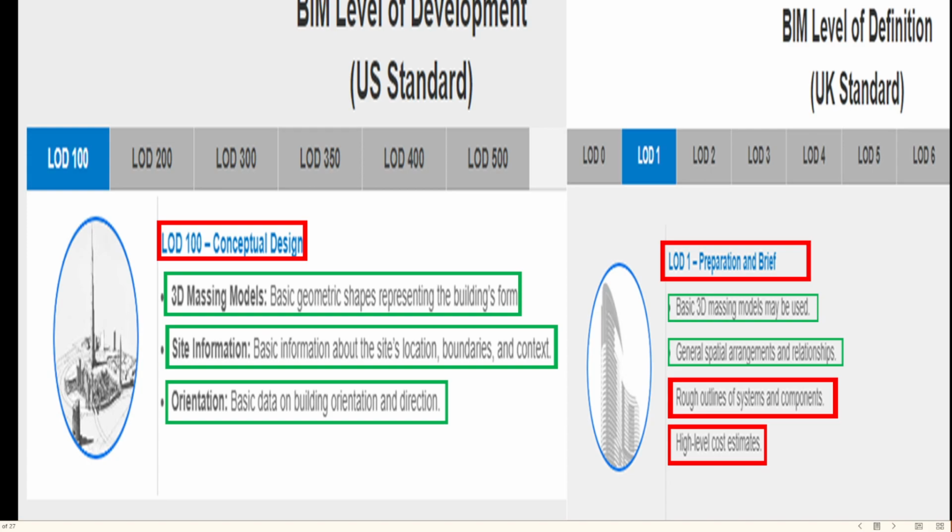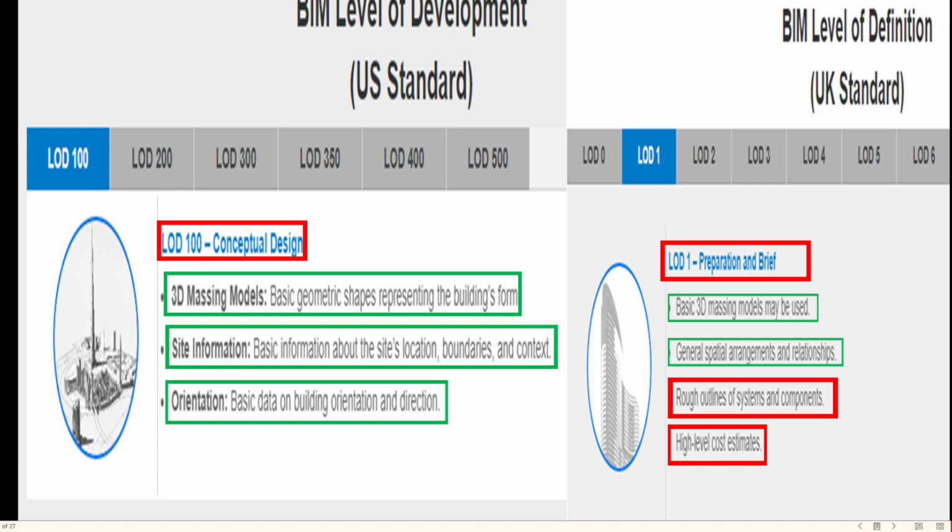While the concept design LOD 100 is seen in the US standard, LOD 1, which is called preparation and briefing, is seen in the UK standard.